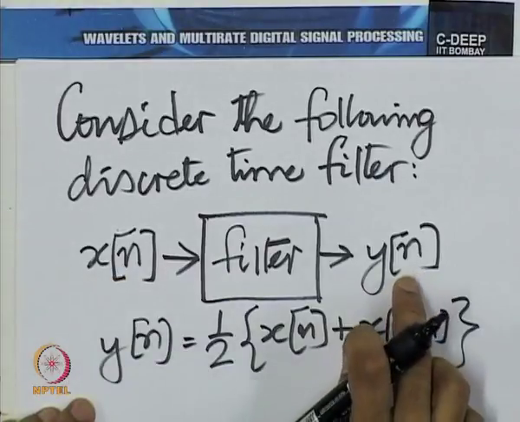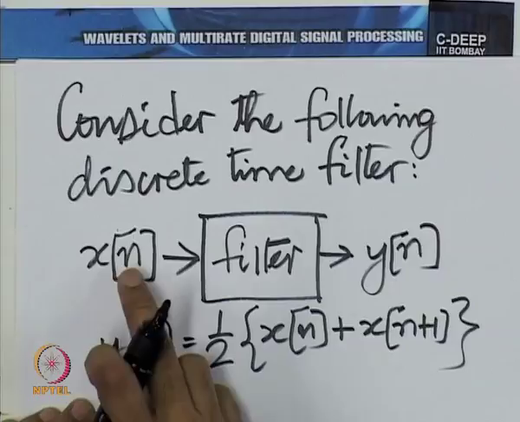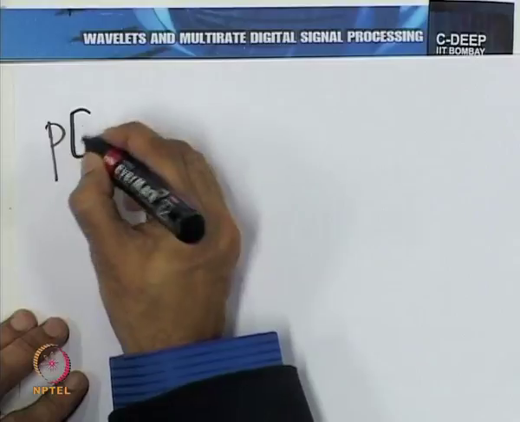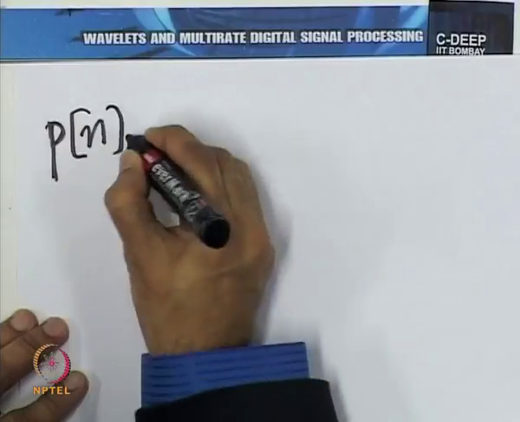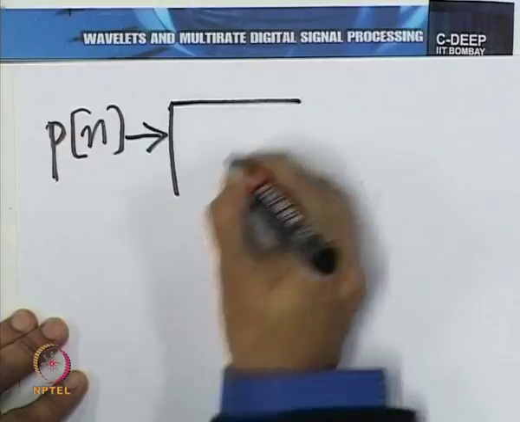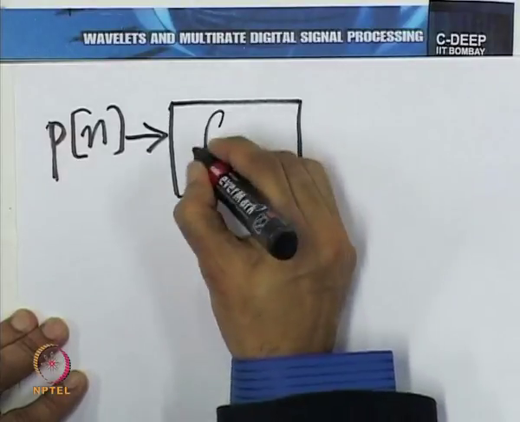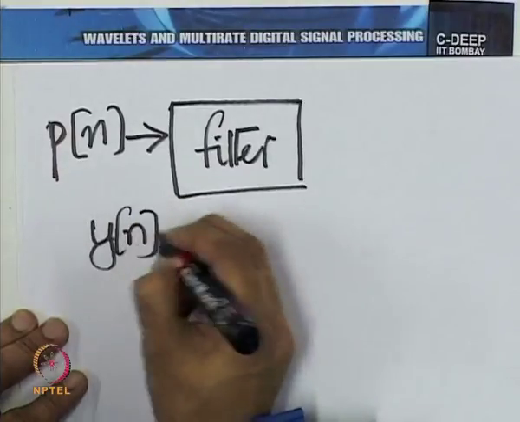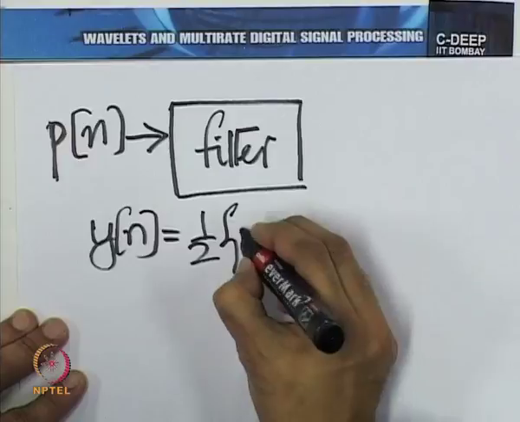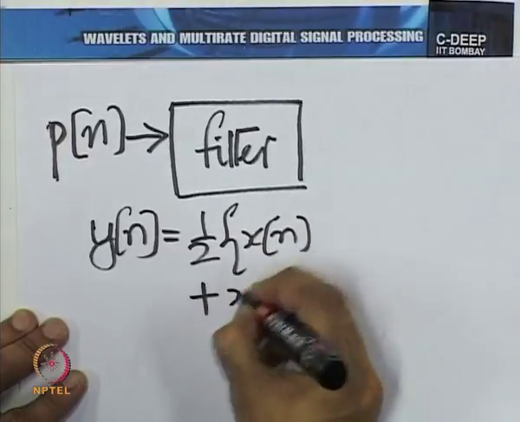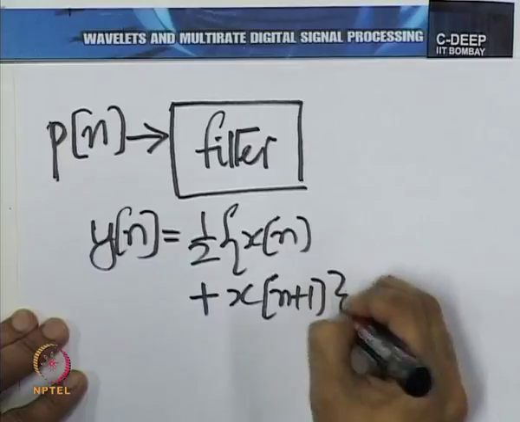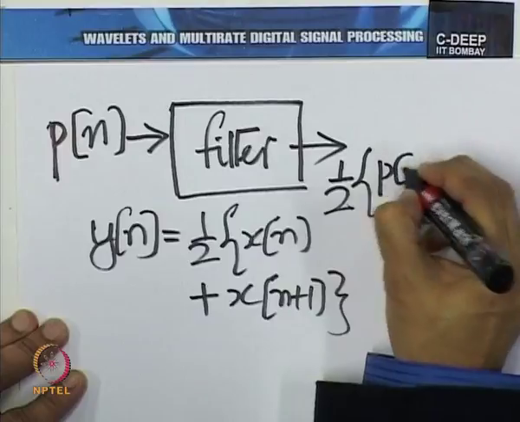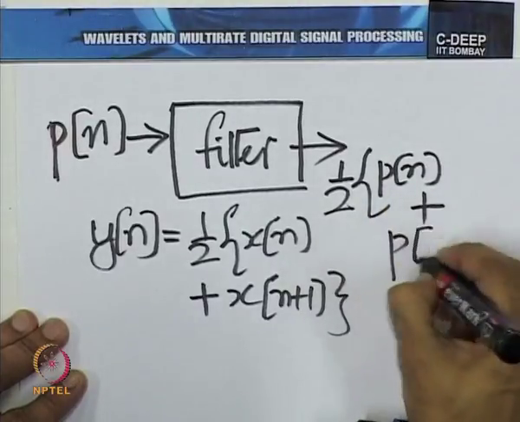But a little bit of work needs to be done at this point, because if you put in p n, let us do that, let us put in p n. If you put into this filter that we just wrote down here, y of n is half x n plus x of n plus 1, what we would get here is half of p n plus p n plus 1.